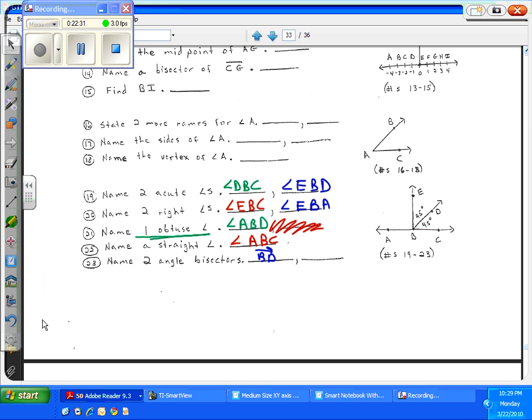Not only do we have two 45-degree angles, we also have two 90-degree angles. This right angle, angle ABE, is adjacent to this right angle, angle EBC.